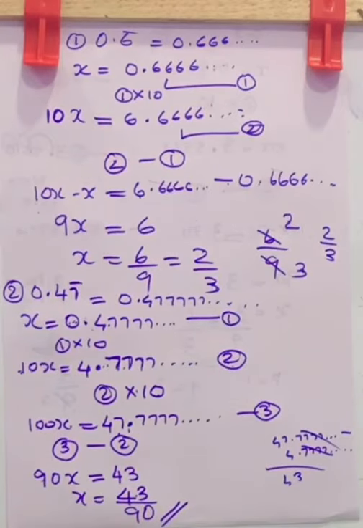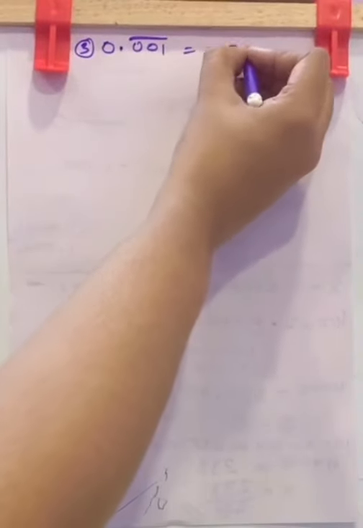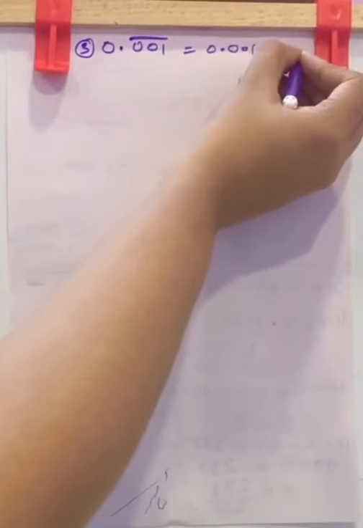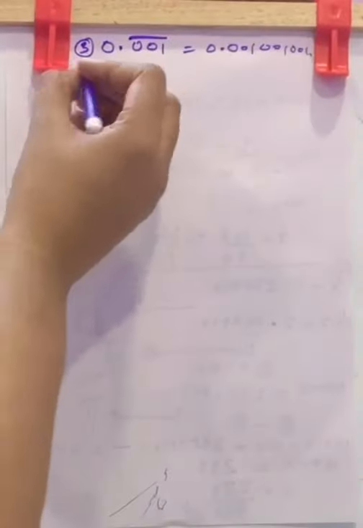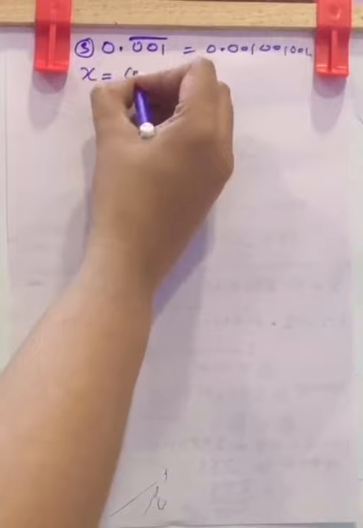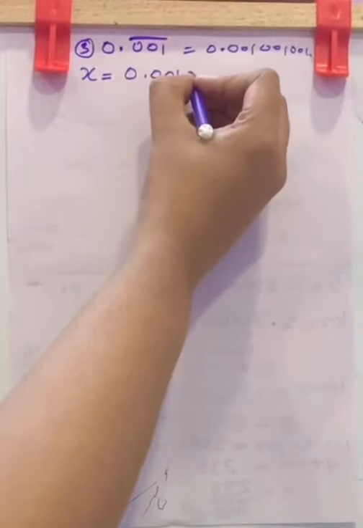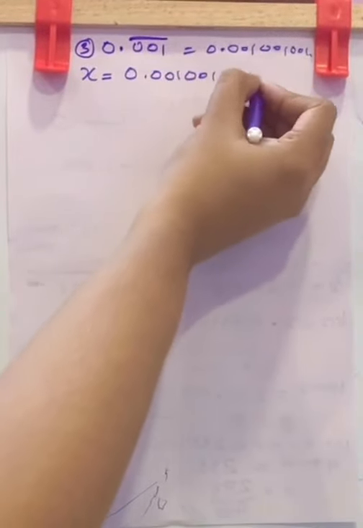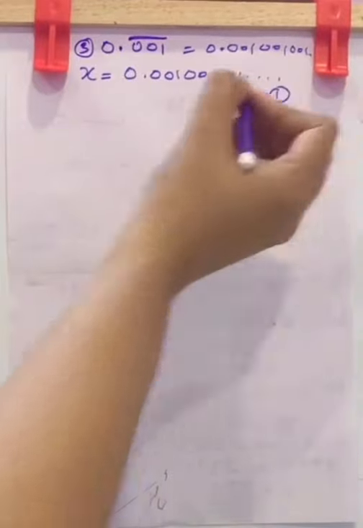Next question. Third one is 0.001 bar. Here which is equal to 0.001, 001, 001, etc. Now we will write it as x and name it as equation 1.